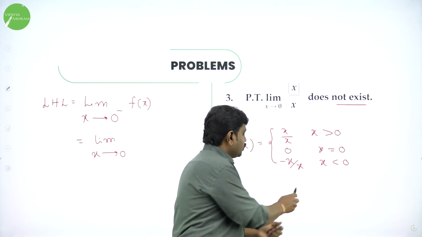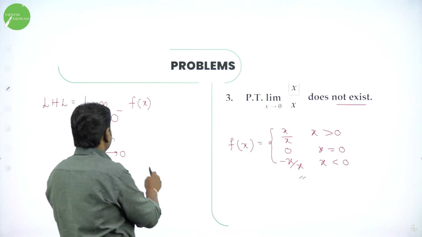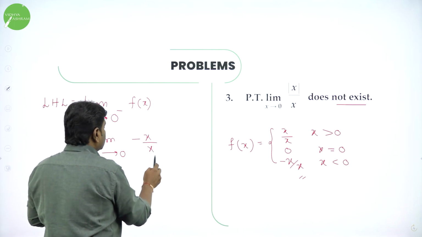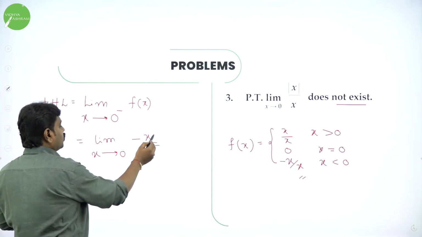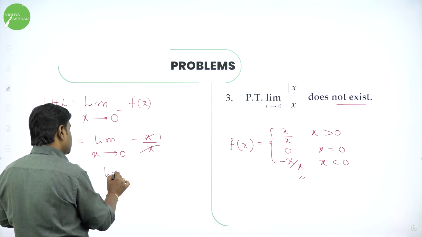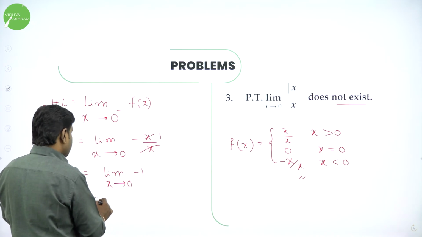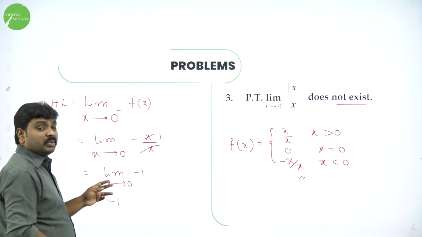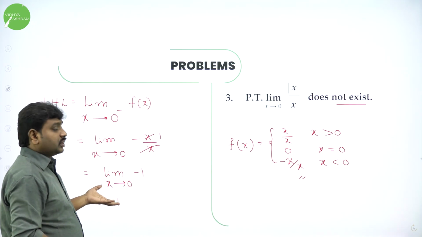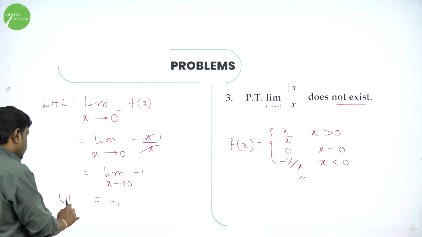When x is less than 0, the function value is minus x by x. So minus x by x becomes what? Minus 1. So it will become just limit as x tends to 0 of minus 1. Limit of minus 1 is minus 1. You know, limit of a constant is the constant. So LHL gave you minus 1.